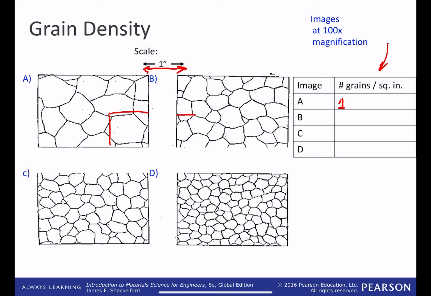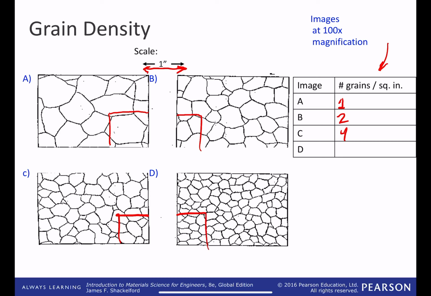When we do the same for image B, we'll see that there are roughly about 2 grains per square inch there. When we do the same for image C, on average there might be something like 4 grains per square inch there.